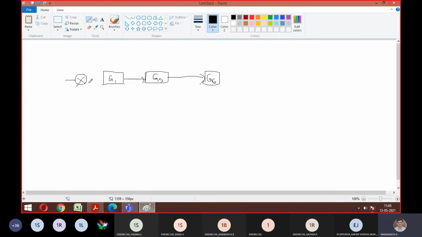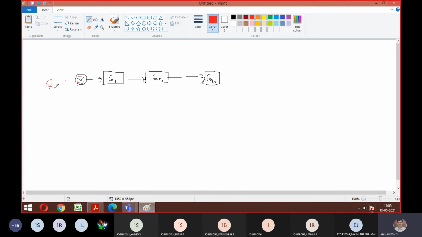So there is a summing point given here. The extra thing they have done is they have given plus and minus inside the summing point. So plus is here, minus is here, minus is here.